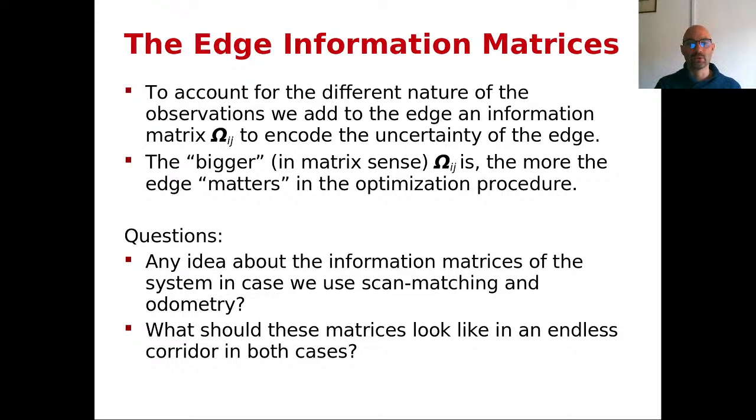If in the pose graph optimization we embed this special information matrix, or we construct the information matrices of the constraints in a way that they do reflect the way the data are registered and the potential certainty that we have about the solution of the registration problem, then we will have a good behavior during the optimization, in the sense that even if all the nodes in a corridor are put one on top of each other, because maybe this is what the registration system will do.